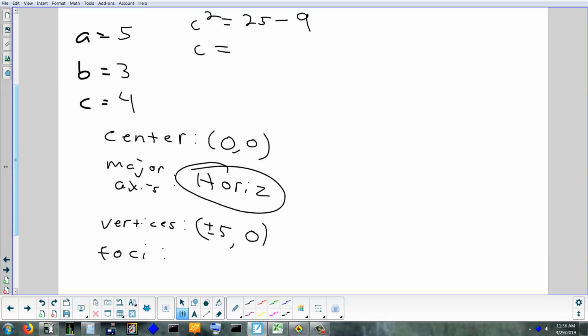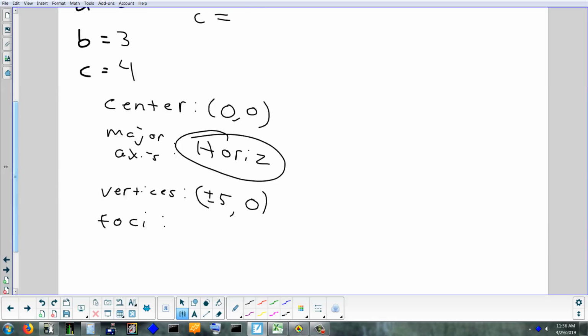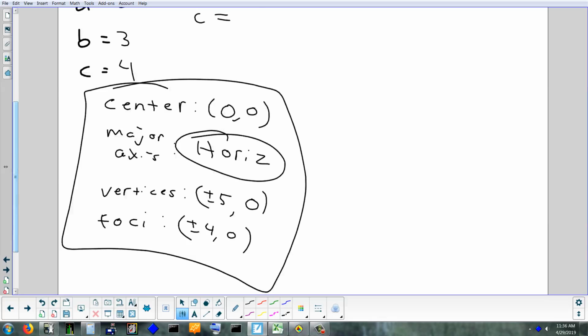What's 4 units to the right of the origin? 4, 0. 4 units left? Negative 4, 0. And that's how you find all of those things. Any questions on how I found those?